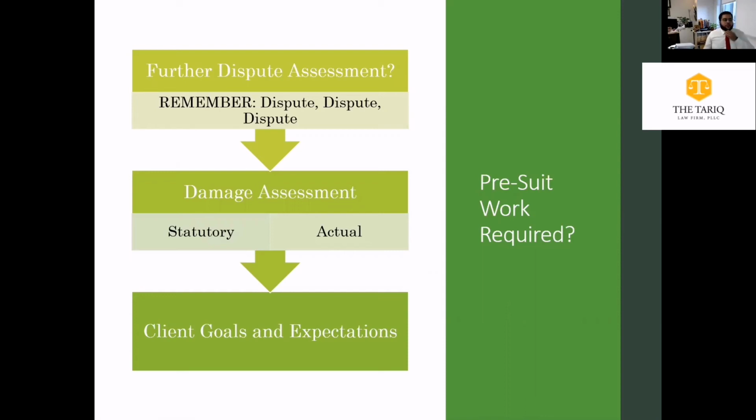And to do this, it's really important to remember to just dispute. Send multiple rounds of disputes. If you believe an account on your credit report is inaccurate, send one letter per account so that the credit reporting agency does not get confused, and you don't want to give them any sort of excuse to be confused.